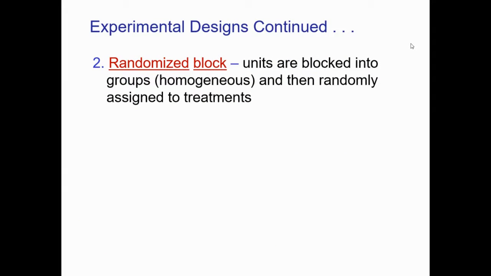Okay, the next type we're going to look at is a randomized block experiment. And we're going to have another chart here to draw. The units are blocked into groups, and then they're randomly assigned to treatments. So this is like where we had to block by the professor on that calculus example.